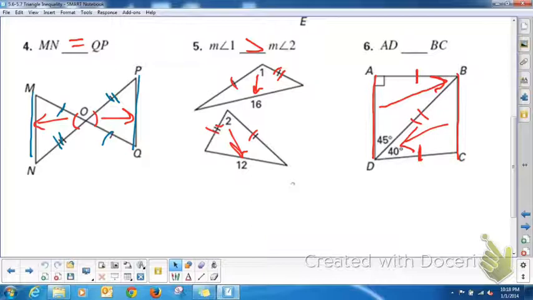What is this angle? That's a right triangle. It's got a 90 and a 45. So that means that this angle over here would also be 45. And if this is 45 and AD is across from it, and this angle is 40 and BC is across from it, what is AD to BC? 45 is greater than 40, so AD is greater than BC.